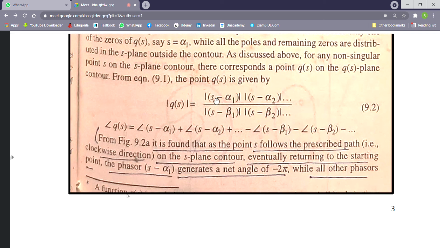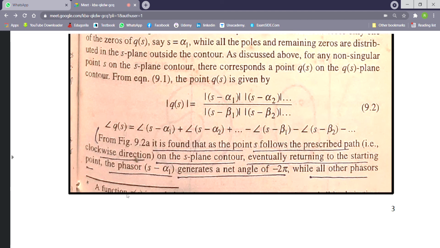And similarly, the angle of QS, the phase angle, will also change, right? So the change in phase angle, let's denote it by delta QS, net change in phase angle.